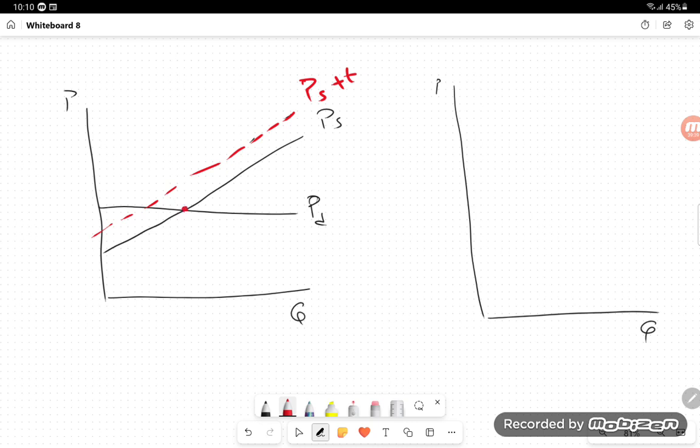In this case, the demanders are unwilling to pay a higher price and will cut consumption to 0 if a higher price is imposed. So in this case, suppliers are going to pay the whole tax.